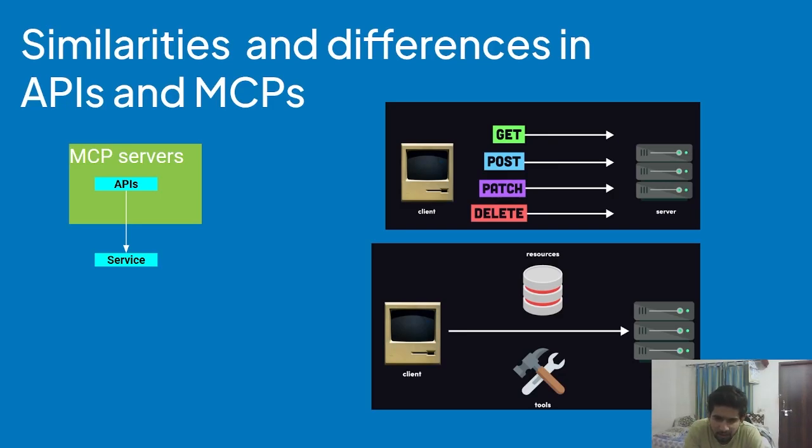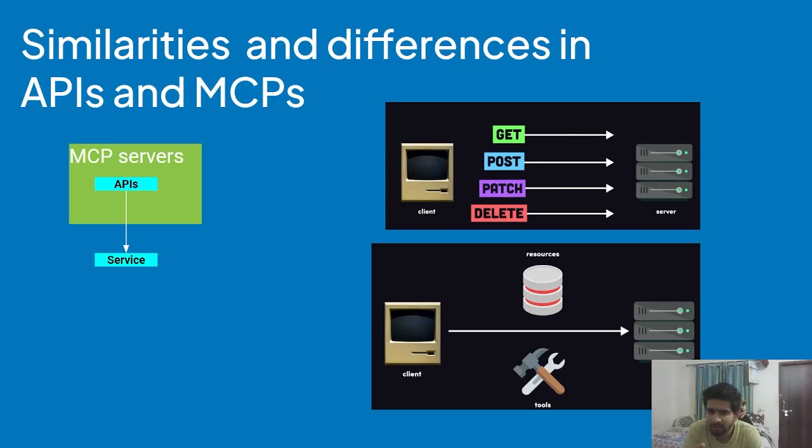MCP has the client and server, but it has resources and tools. Only these two things. So it works with these two, while for individual querying and for getting some URLs, the REST communicates with URLs, HTTPs, so with the server.